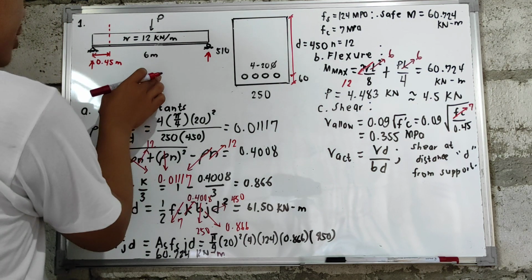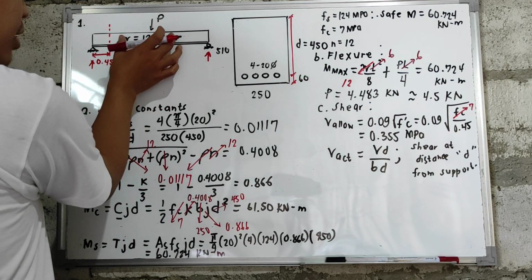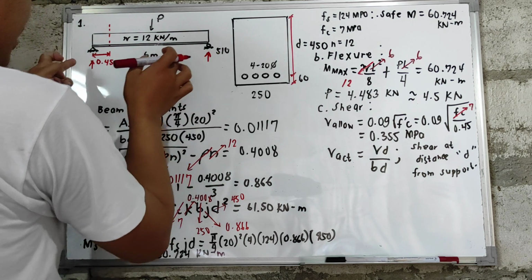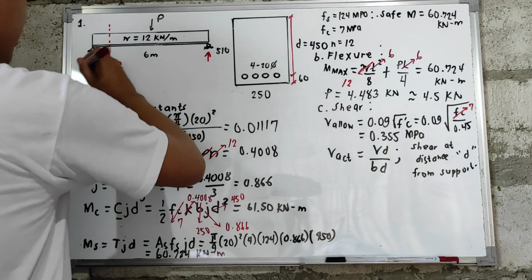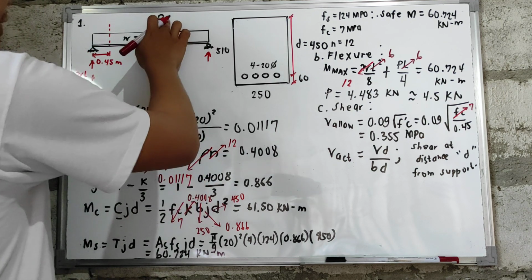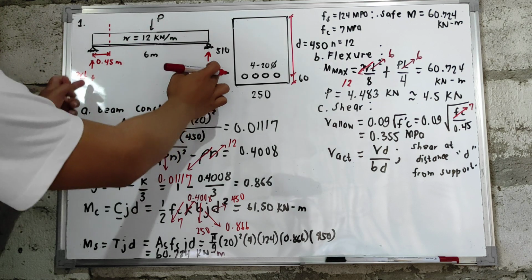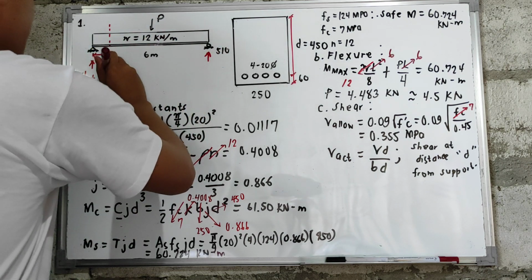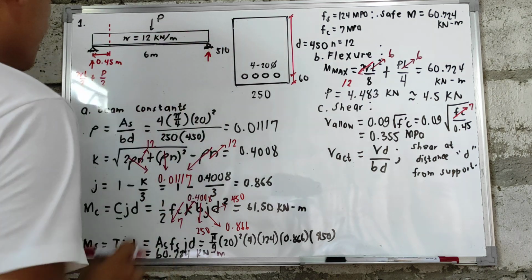So, meron tayo dito na yung 12 kilonewton meter, yung uniform distributed load natin. Paghahatiin ng dalawang support, so that is WL over 2 plus, ito namang concentrated load natin acting at midspan. Paghahatian ng dalawang support, which is P over 2. Tapos dito, P over 2 din.